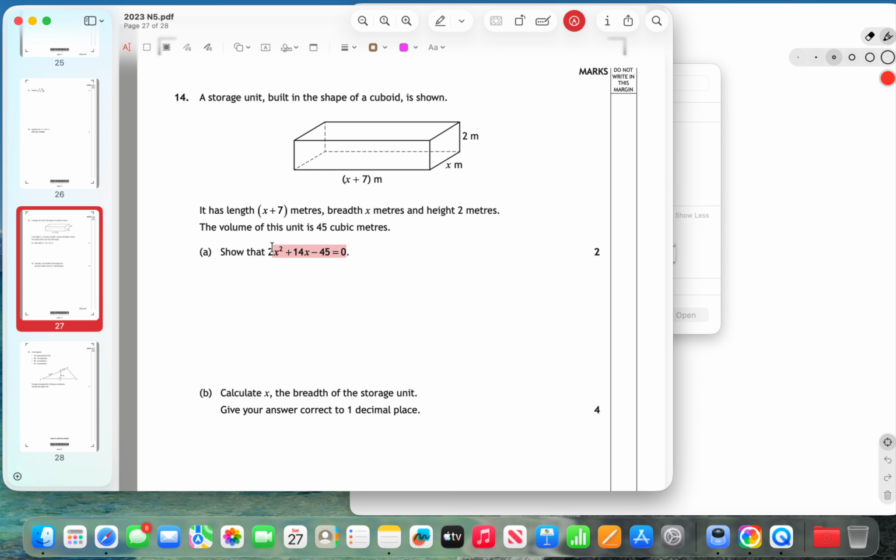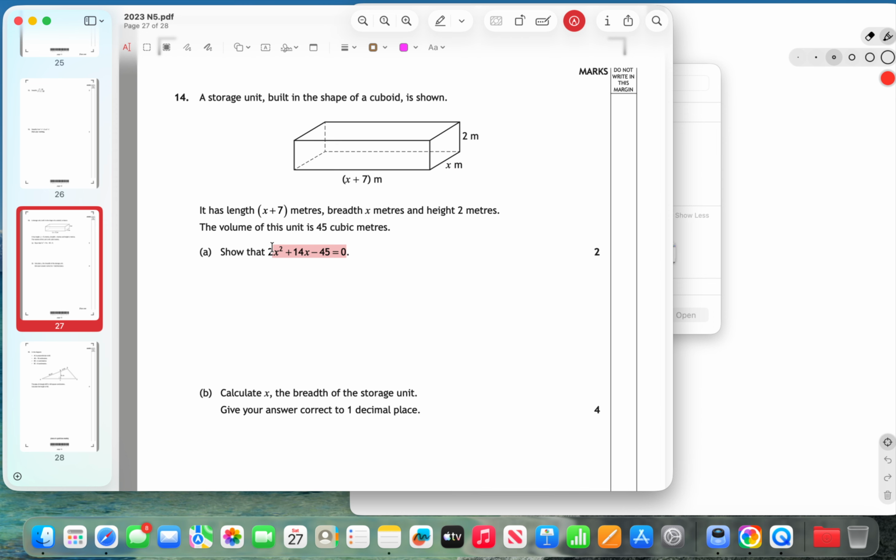Now that equation is a quadratic equation, and because it's a quadratic equation, you have two methods for generally solving quadratic equations. You either have factorization or you have the quadratic formula.